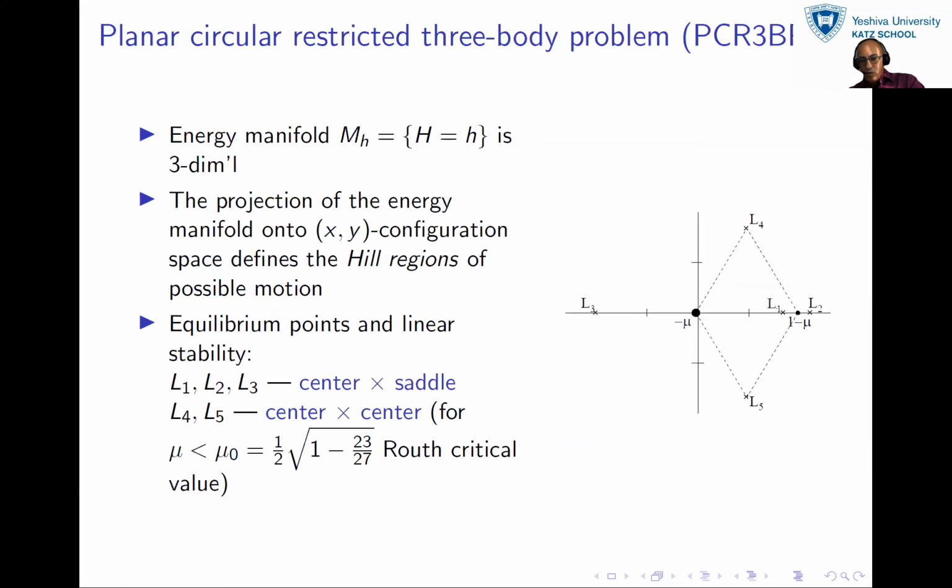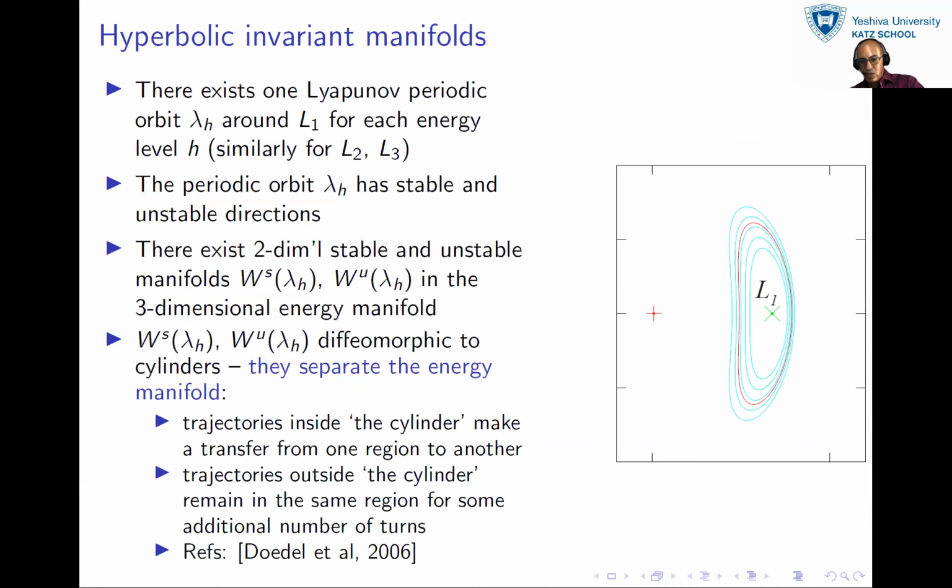Let me focus on this equilibrium point L1 because it's quite useful. L1 and L2 are quite useful for space mission design. Not only do you have an equilibrium point at L1, which is an interesting object on its own, but you also have a family of periodic orbits around L1.